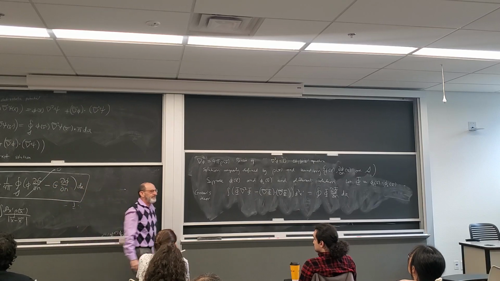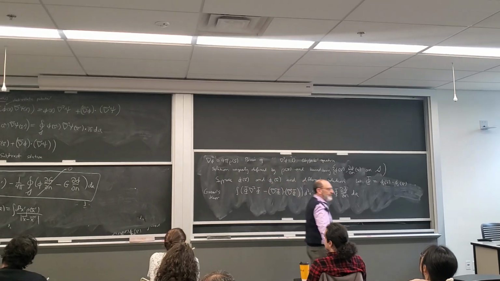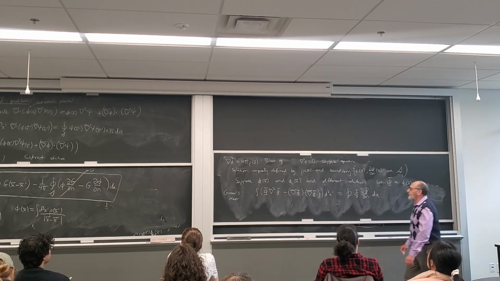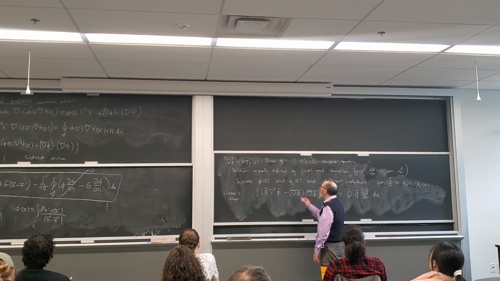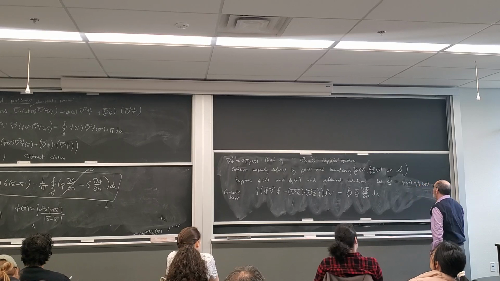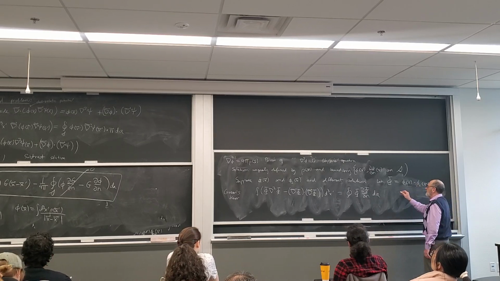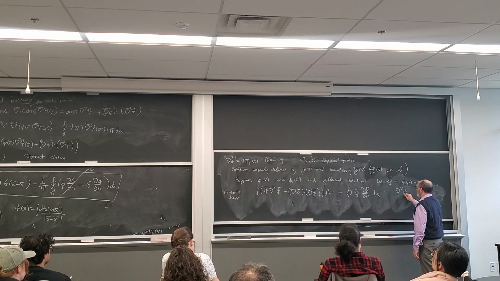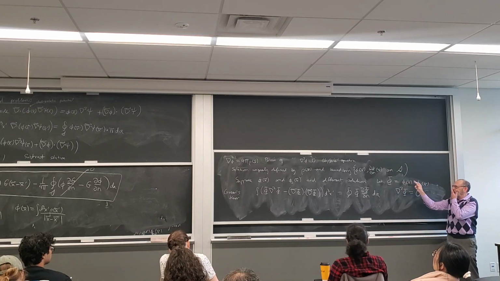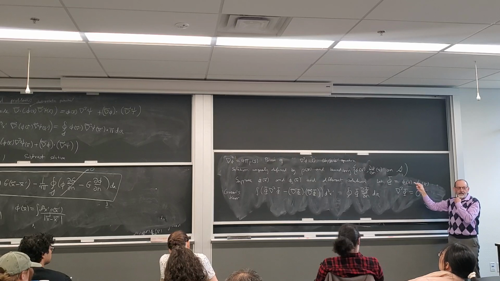I could choose those functions any way I like, and this is a mathematical identity, okay? So if these are both solutions to the Poisson equation, then this is true, right? Because del squared of this and del squared of that are the same thing.